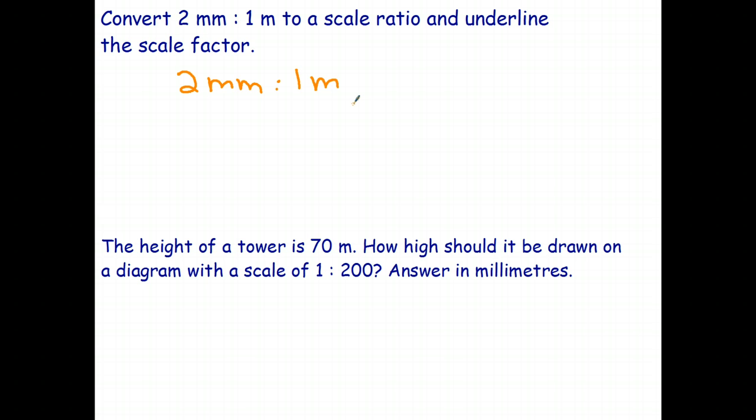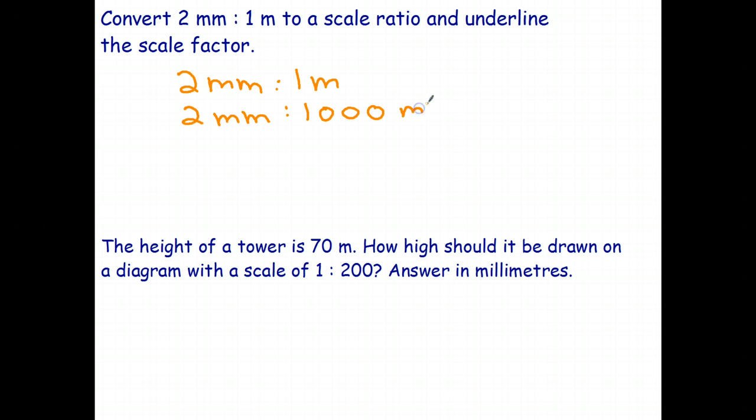And most of the questions we're doing in this section are going to require us to change the units to the same unit, and then we can cross them out, because once the units are the same, we can just say that's the ratio. So in this case, I have to change meters into millimeters. 1 meter is 1,000 millimeters, and 1 times 1,000 is 1,000.